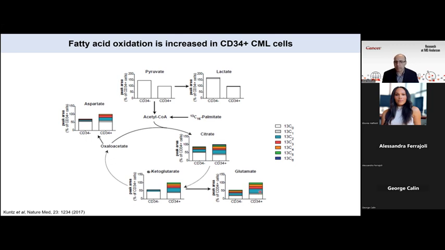So what you see is the +2, 3 carbon, 4, 5, etc. Same for aspartate, as you can see here. So indeed, this is now proof that fatty acid oxidation is accelerated in CD34 positive CML compared to CD34 negative CML.